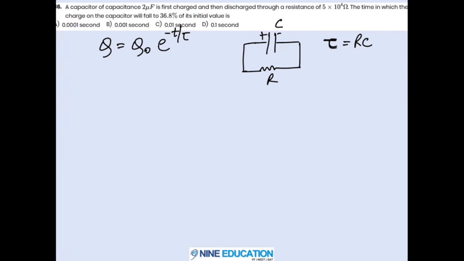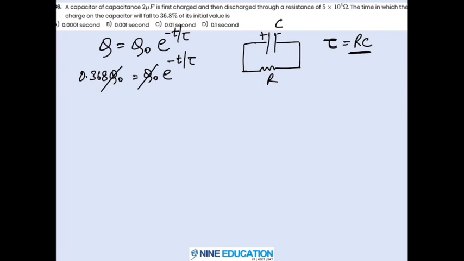So what you call the time constant is RC. Now he's saying that the charge on the capacitor will fall to 36.8% of the initial value. So you can say 0.368 Q naught is equal to Q naught into e to the power minus t by tau.